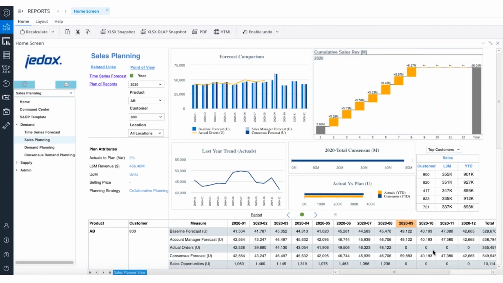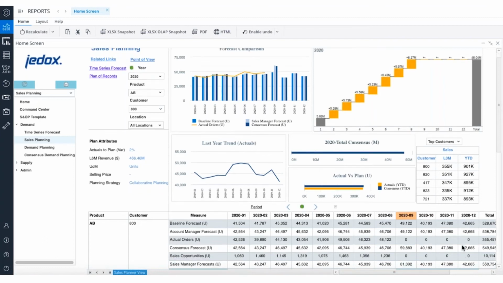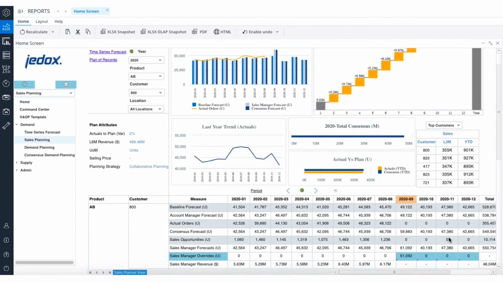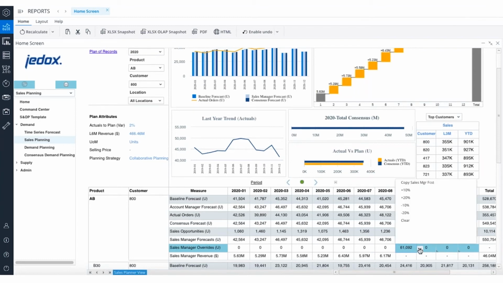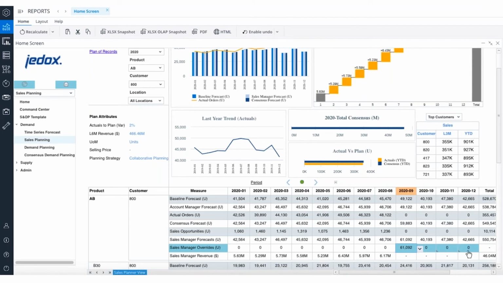These provide different guidance to planning. And in the end, they could revise the numbers because they are more aware of, say, the existing market conditions. They have visibility to customer orders. They are aware of the promotions that are planned. So based on that, they could override these numbers and then submit their forecast.